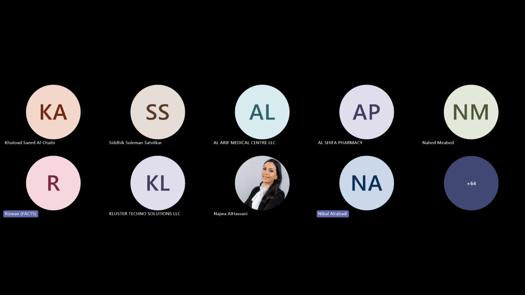Hi, Nibal. Hello. Am I audible? Yes, we hear you. Nibal, I just want to follow up on what Cluster has just asked. What they were trying to tell you is they got that GCP link and GCP prefix from the GS1 website.